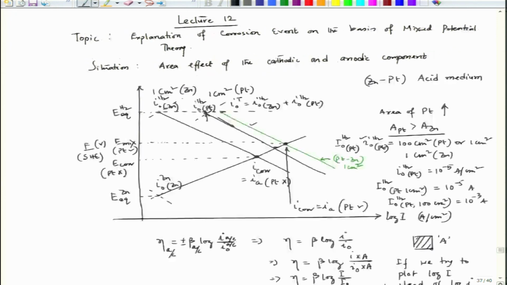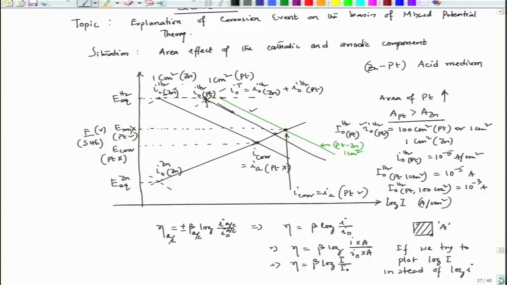So, there we started with this particular diagram, and we have realized that we cannot explain this corrosion event if we consider current density. Instead, we have to take current. So, once we take current, this unit becomes A, and this I0 point would change.